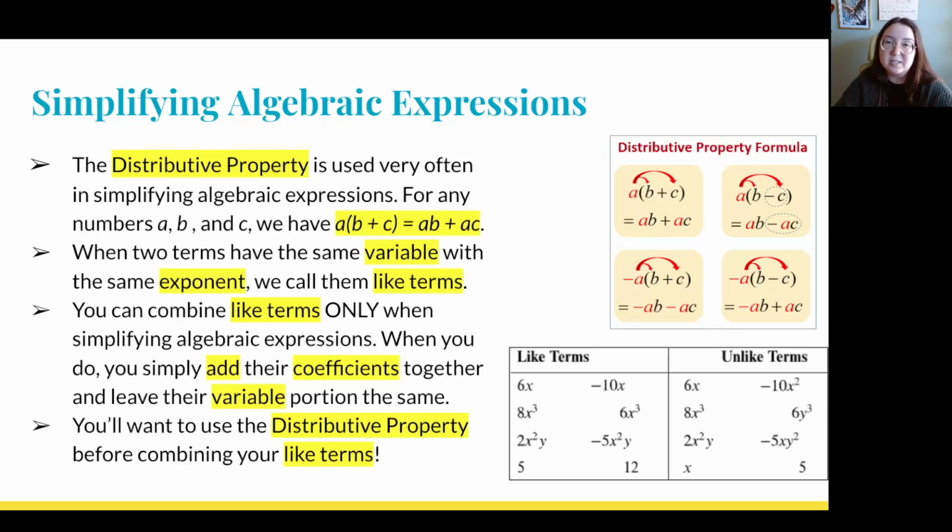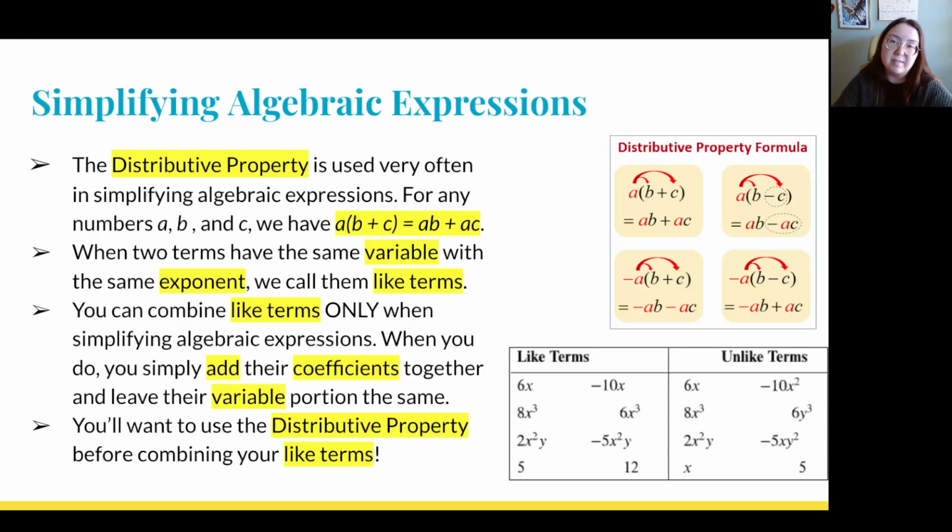And so since it's a double negative, it will become positive A times C, which makes this into negative AB plus AC. So it's very important to be aware if your term that's being multiplied is negative or positive. That will make a difference when you distribute. So it's always important to keep an eye out for that.